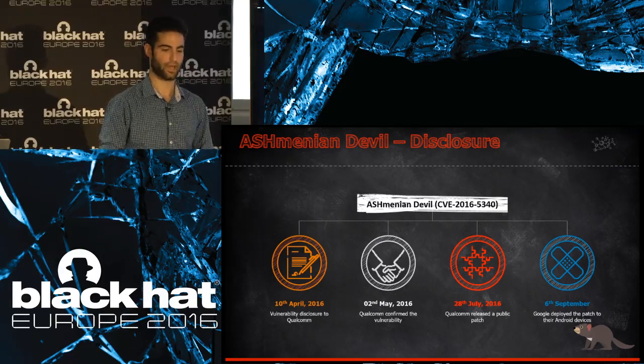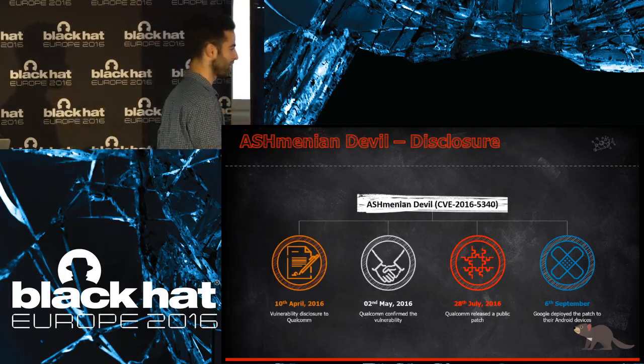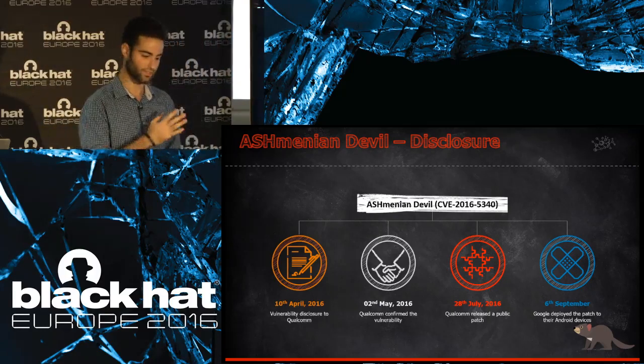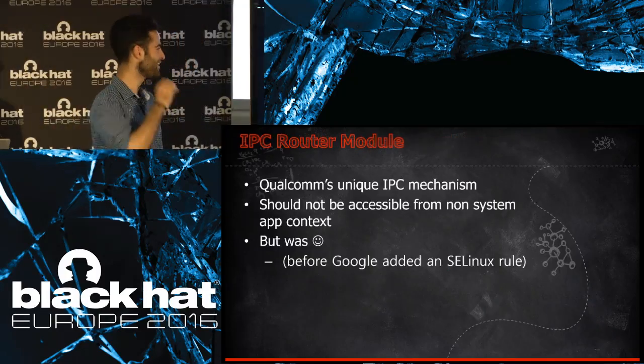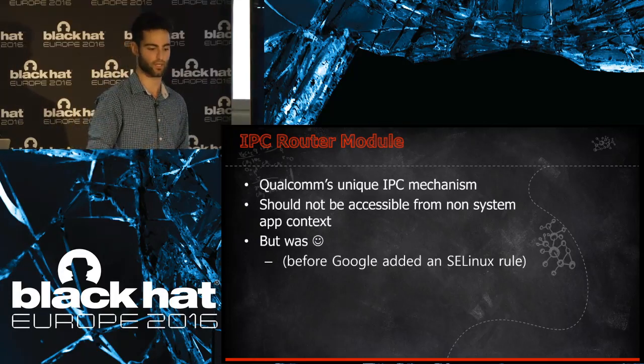And then they released a patch on the 28th of July. But even though it was public since the 28th of July, there was a public advisory on the 8th, Google fixed it only on the 6th of September. So everyone in the world had more than a month to see the vulnerability, exploit it, and steal data and do hacker stuff.